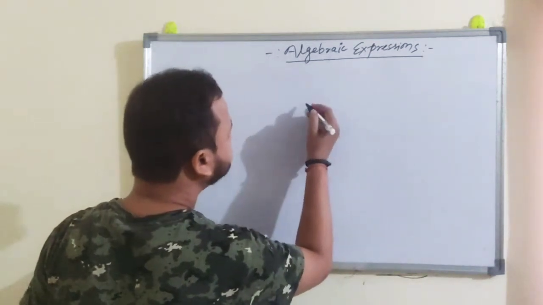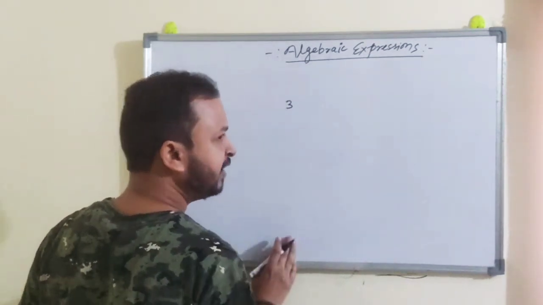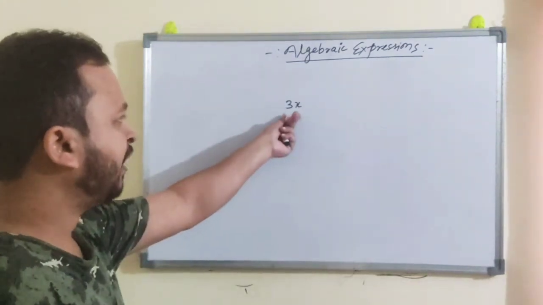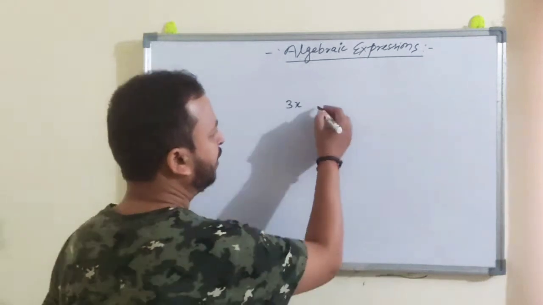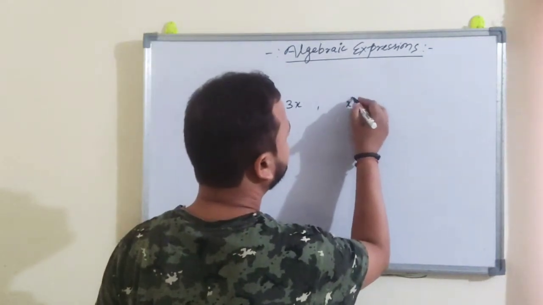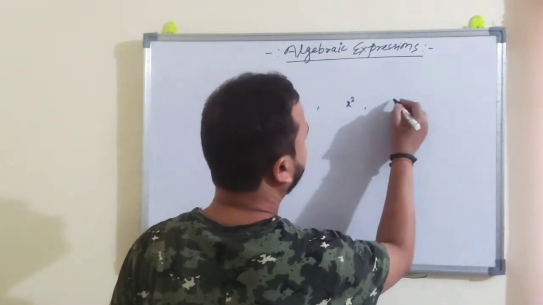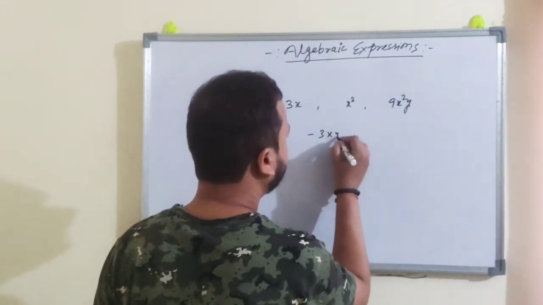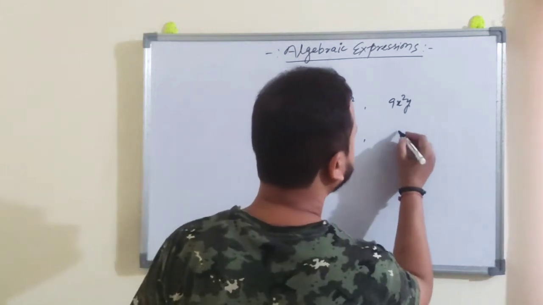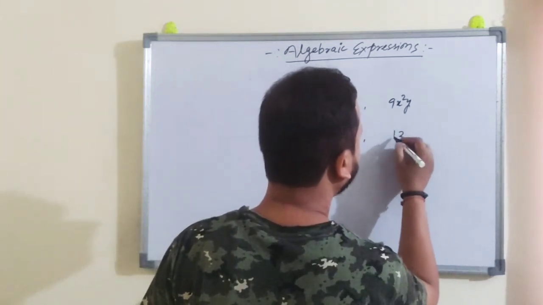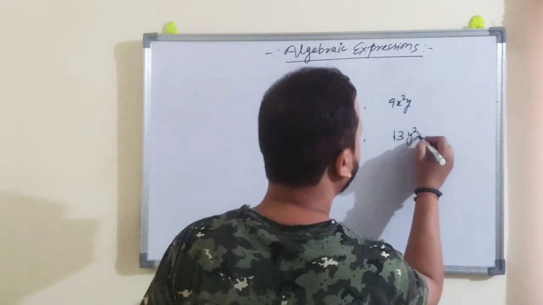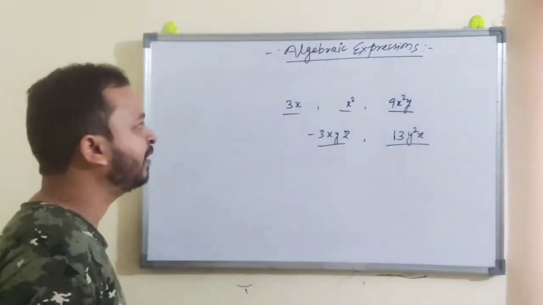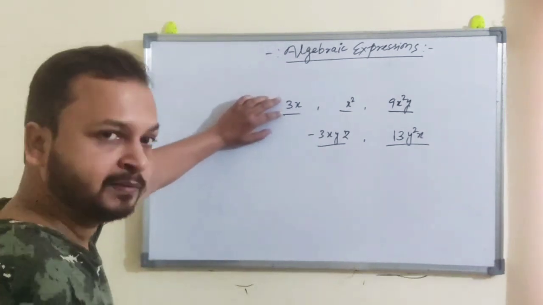When a constant, suppose 3, and a variable are joined with the product, like x square or 9x square y or -3xyz or 13 y square x, they are the terms, right?